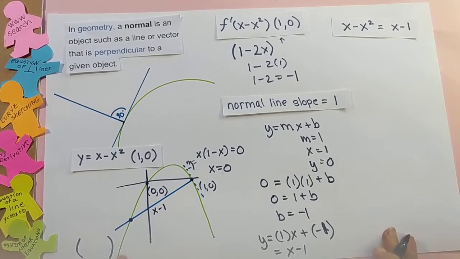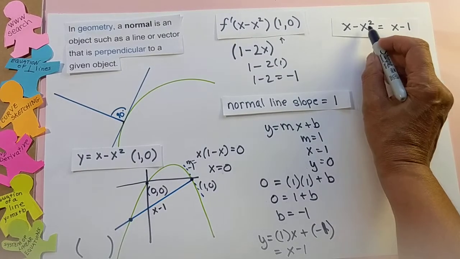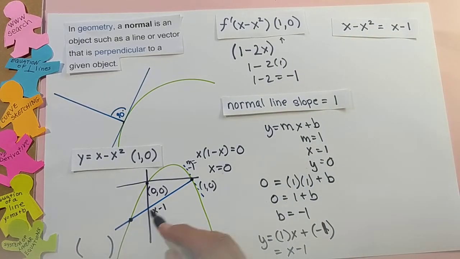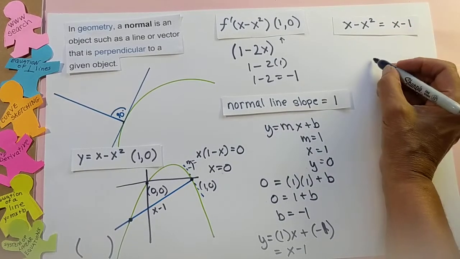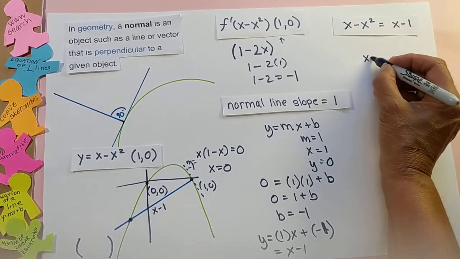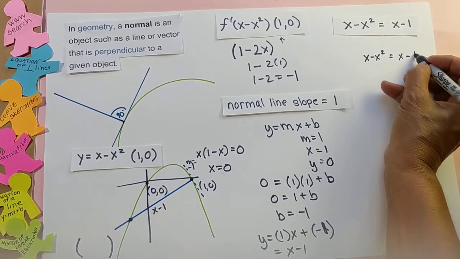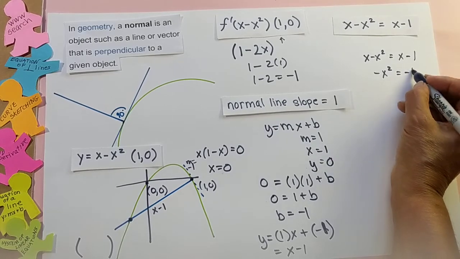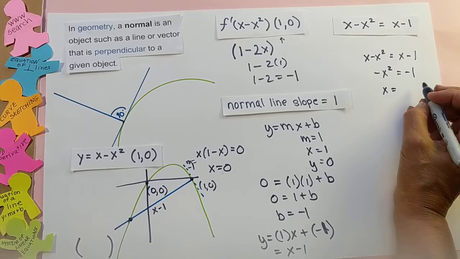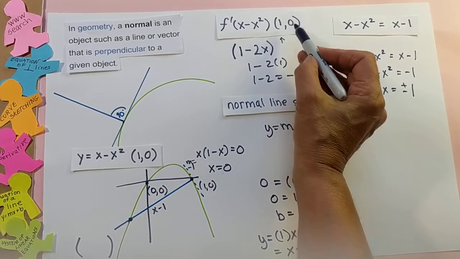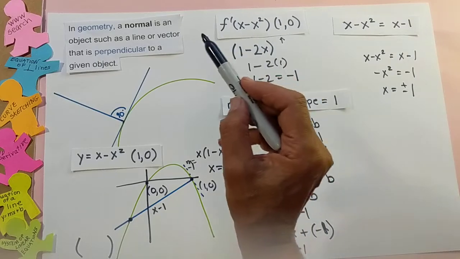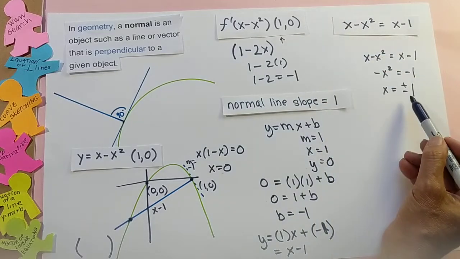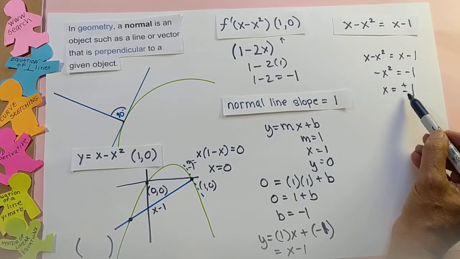Not done yet. I've got to now set these two equal to each other, and that'll tell me what this point is. System of equations. Okay, so x minus x squared equals x minus 1. I subtract x from both sides, end up with x squared equals 1, so x equals plus or minus 1. Well, we already know that x equals 1, so what we are looking for is not the positive one, we're looking for the negative one.